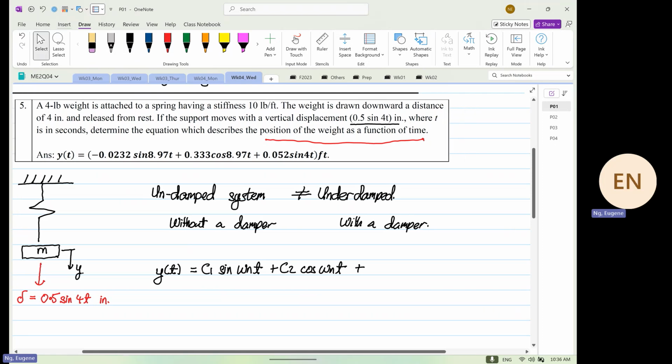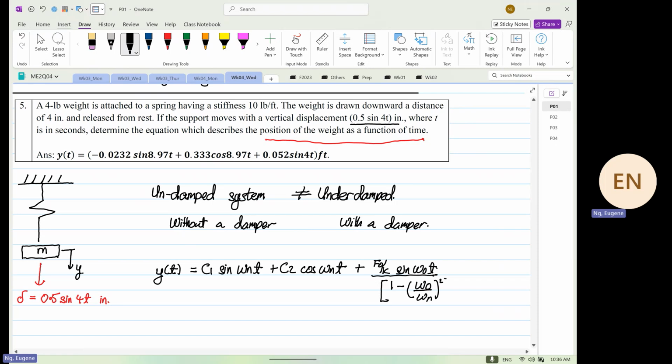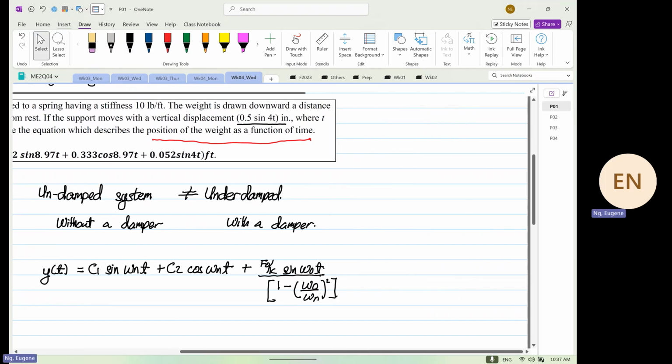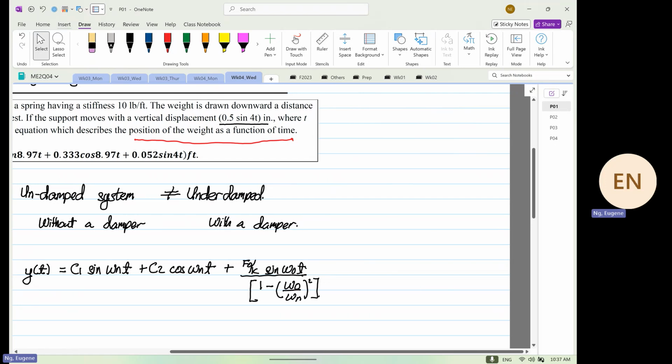We know the general form is F0 over K, which is in our notes, equal to 1 minus (ω0 over ωn) squared. Do you want me to write some summary notes? Does that help? Or I can carry on solving.